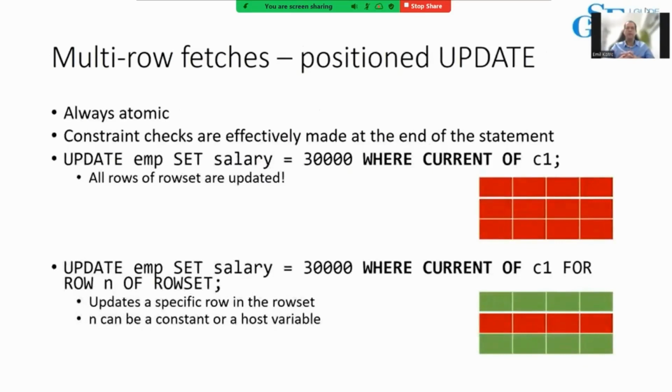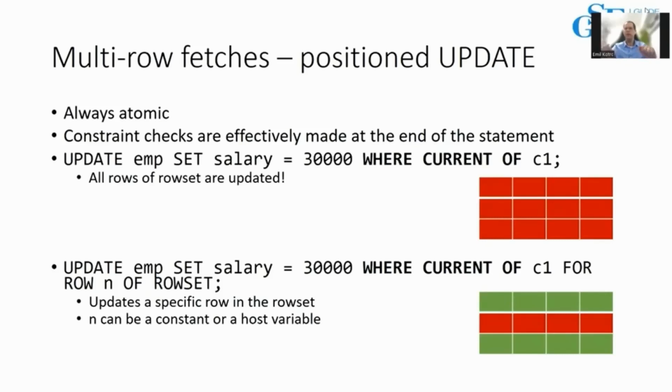I mentioned that I will also speak about some positioned operations. The first example here is positioned update. If you have this row set cursor and you fetch, now you can also work with the row set. I have two examples here. The first example will update all rows of a row set.